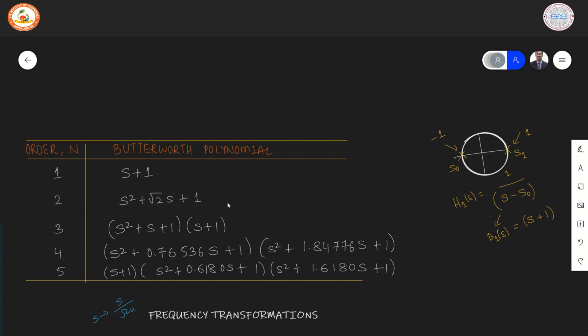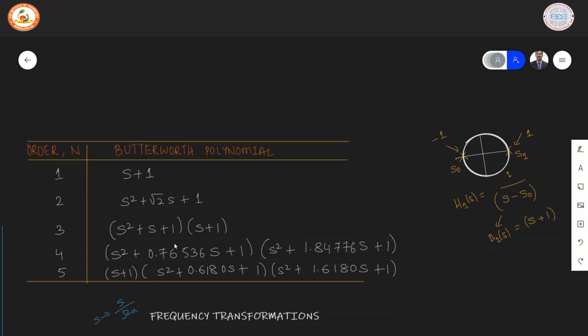We have already evaluated the Butterworth polynomial for order 2, which gives you the expression as s square plus root 2 s plus 1. Similarly, the Butterworth polynomial for order 3 is given as s square plus s plus 1 into s plus 1. For order 4, it is s square plus 0.76536 s plus 1 into s square plus 1.84776 s plus 1.